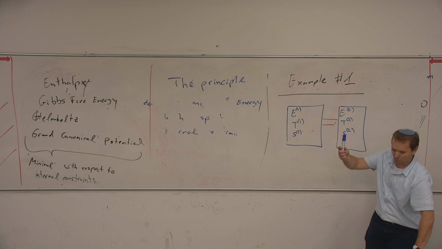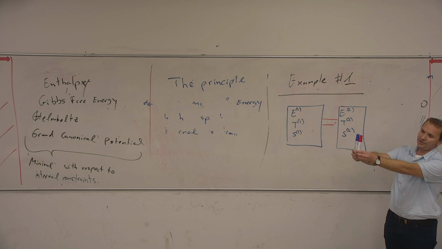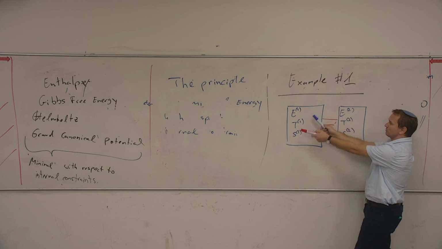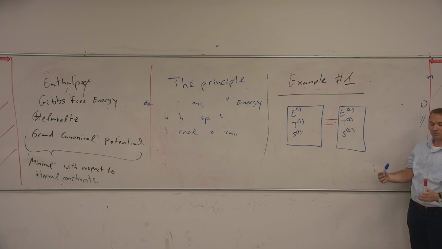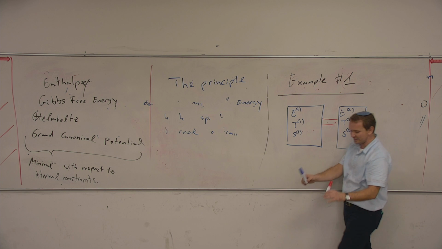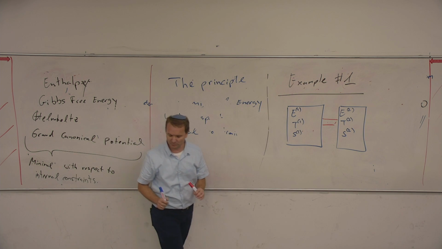This is system number 1. This is system number 2. I connected them, and they are connected. Well, I can prevent the particles from transporting from one to another. For example, they are connected such that heat can flow from system 1 to system 2.